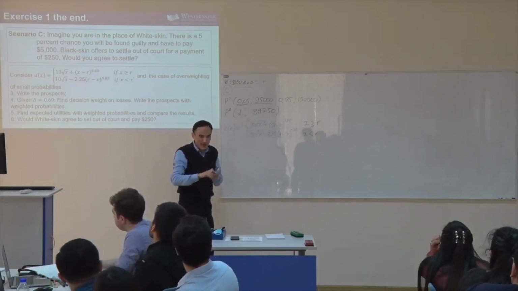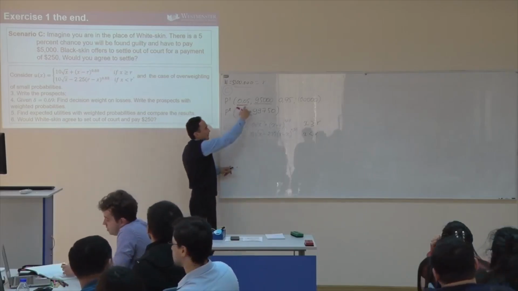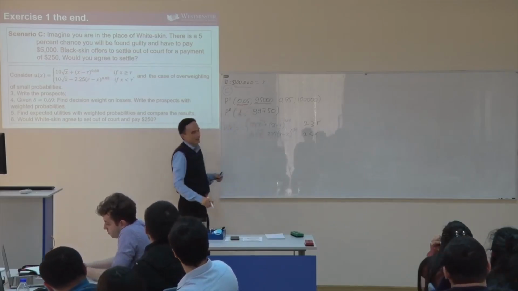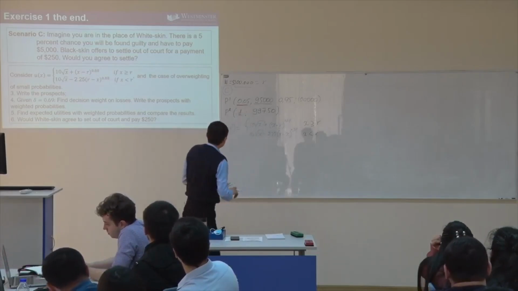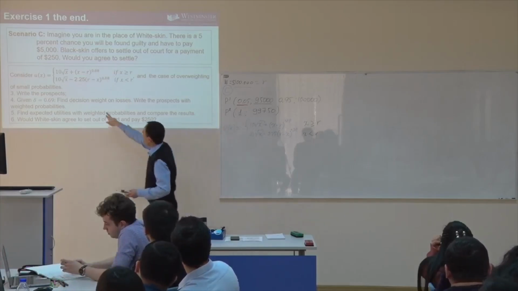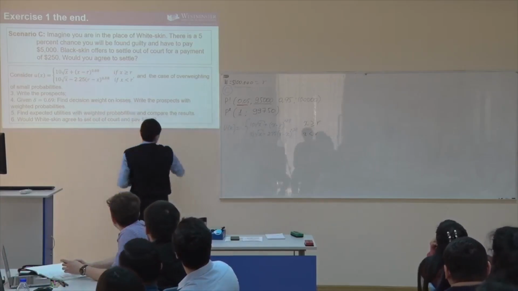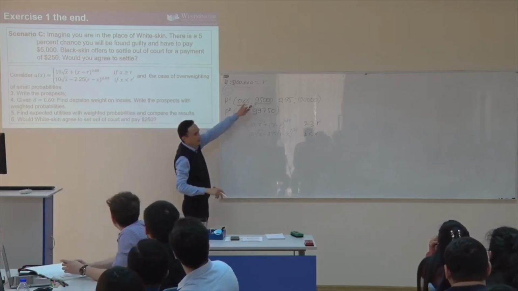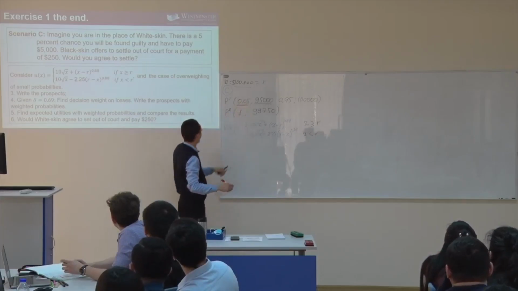But even though it's 5%, people may overweight. Last week we discussed it, right? We are considering that one. Even though it's 5%, people may think that it's larger, that the probability is higher. For that, first we have to find the decision weight on losses: how a person is weighting this 5% probability.